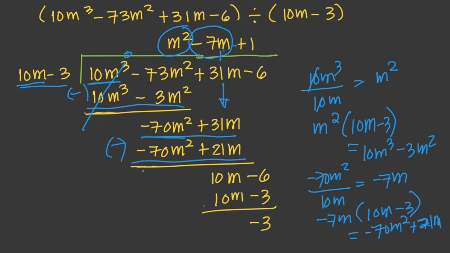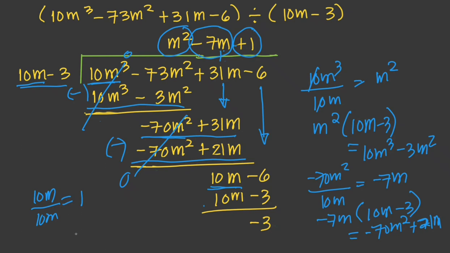So we write what we got here. Then we subtract. This is equal to 0. Then 31 minus 21 is 10m. We bring down negative 6. That will be 10m minus 6. Then we do the same thing again. 10m divided by 10m is just equal to positive 1. So we write plus 1 here in line with negative 6, which is the constant.